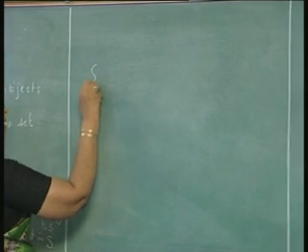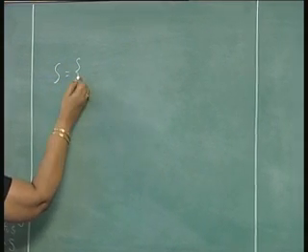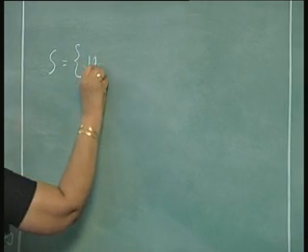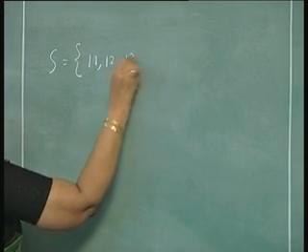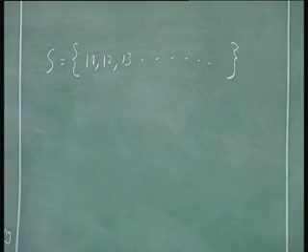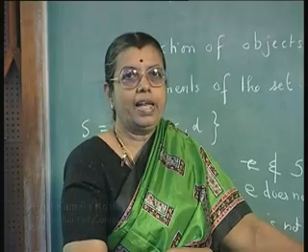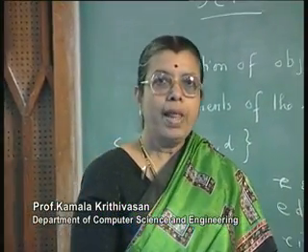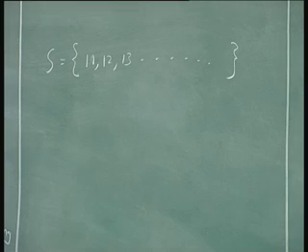The explicit notation for that will be the set of integers greater than 10: 10, 11, 12, 13, and so on. If it is a finite set, you can list all the elements. If it is an infinite set, you can list a few of them, and with the dots, the other members are specified.